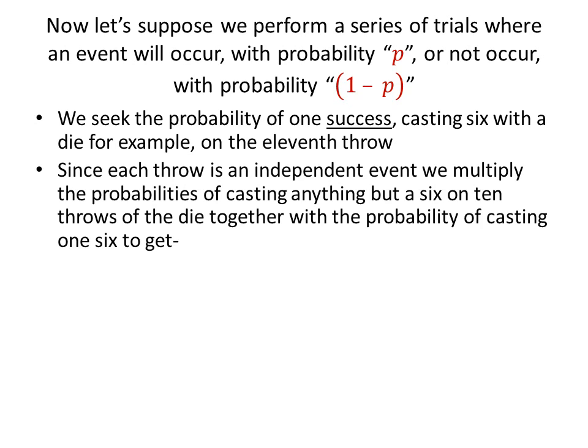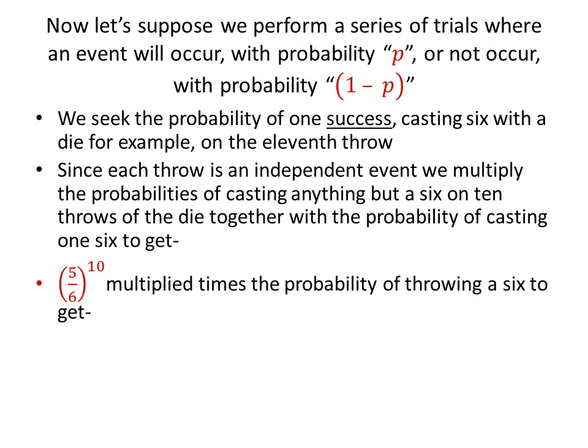Since each throw is an independent event, we multiply the probabilities of casting anything but a 6 on 10 throws of the die, (5/6) to the 10th, together with the probability of casting a 6 on the 11th throw, times 1/6, approximately 0.0269.